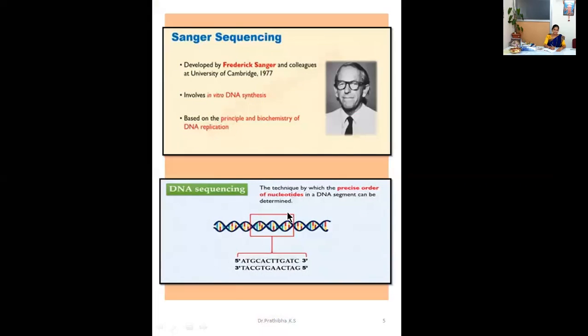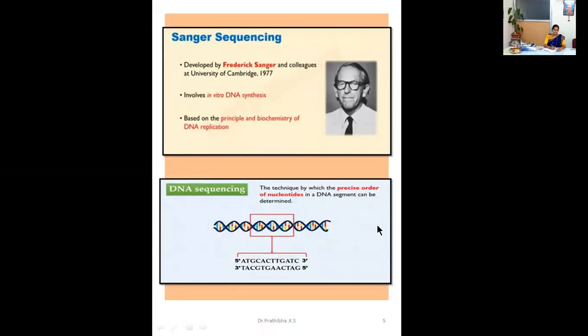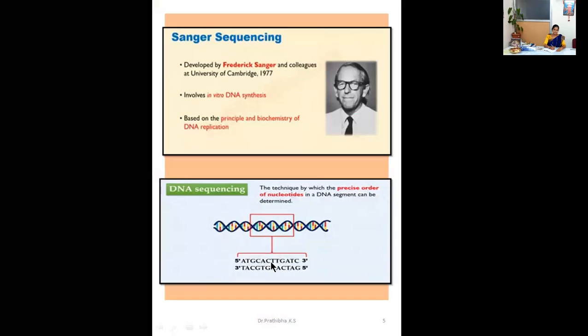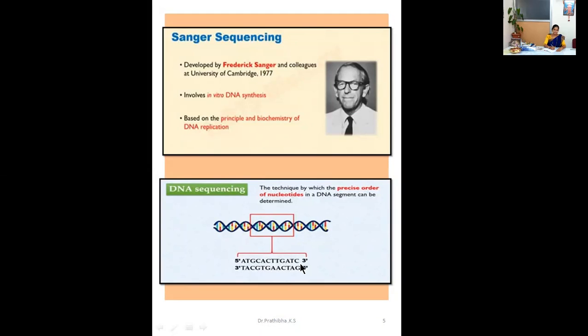We have a genome, which is nothing but the collection of genes. We cannot perform this experiment by taking the whole genome, so we need to select a gene. Within the gene, what is the arrangement of the nitrogenous bases? You got this through DNA sequencing: the arrangement of nitrogenous bases A, T, G, C, A, C, T, T, G, A, T, C. This arrangement of nucleotides we understand through DNA sequencing.